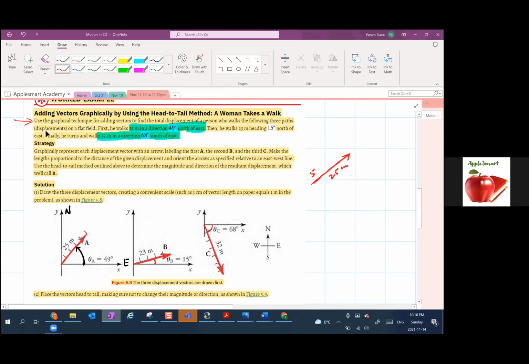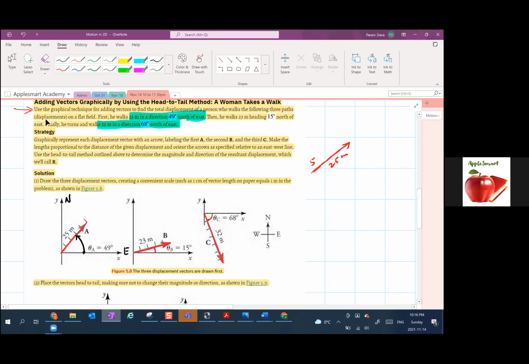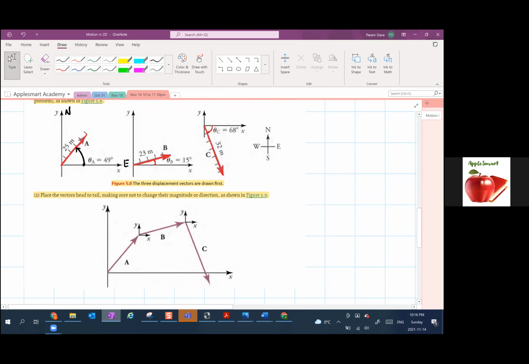You now have to combine the 3 vectors, put them head to tail, kind of like in this diagram over here, okay? So like the first one is this one. So you maintain the length, maintain that angle of 49 degrees. Then what you do is at the arrowhead over here, you draw a mini x and y axis like it's drawn over there, this one right here, the mini x and y axis.